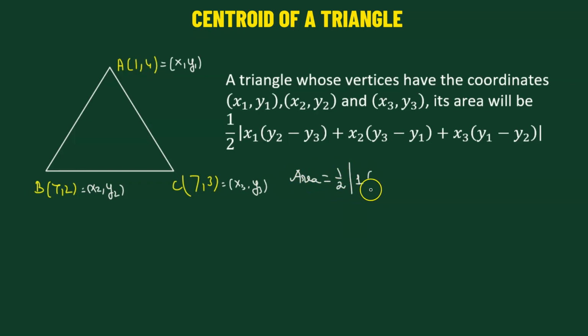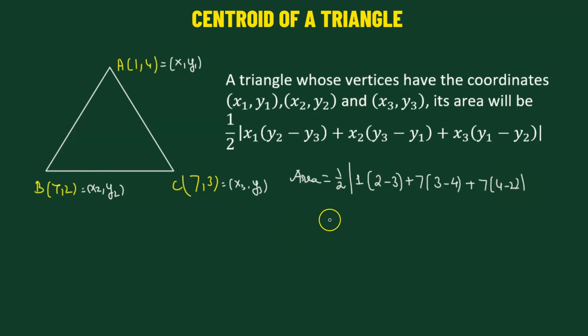That's 1. 1 will be multiplied by y2, so y2 is 2 minus y3, so y3 is 3. 2 minus 3. Added to x2. Here x2 corresponds to 7. So we have 7 multiplied by y3 minus y1, that's 3 minus 4. Added to x3. Here x3 corresponds to 7. 7 multiplied by y1 minus y2, so we have 4 minus 2.